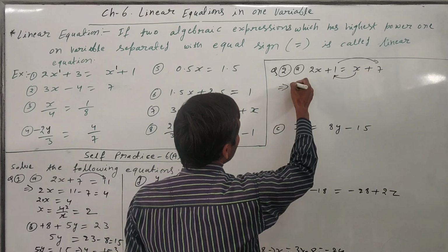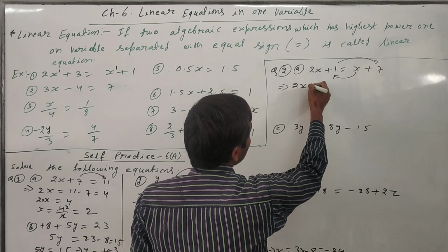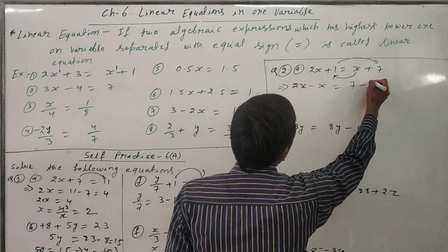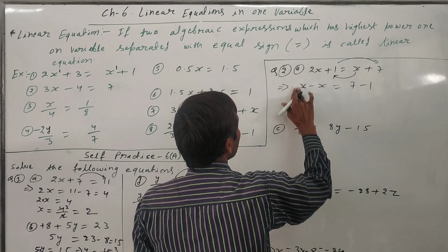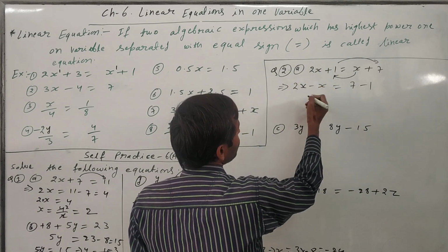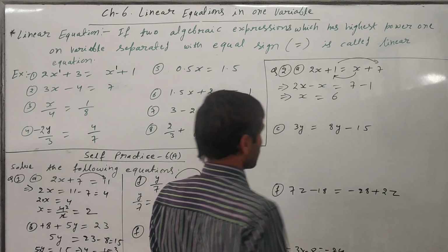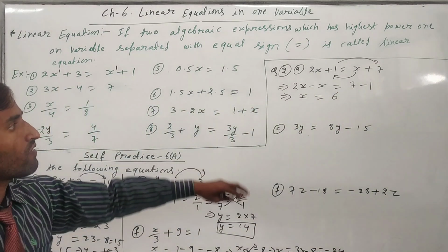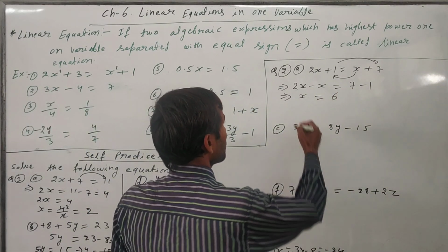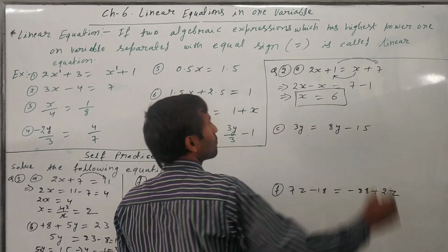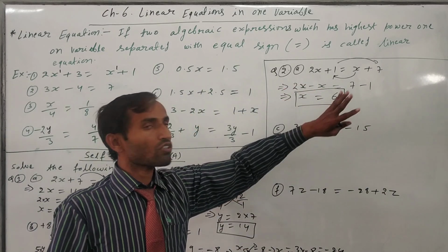So just write down here 2x minus x is equal to 7 minus 1. So we will write 2x minus 1x, then it will come x, and 7 minus 1 it will come 6. Directly the answer came, x is equal to 6. This is the final answer. Okay, so the solution of this equation is x is equal to 6.